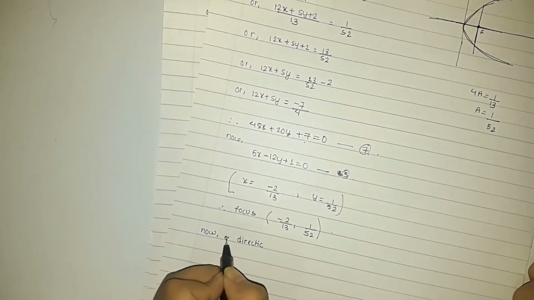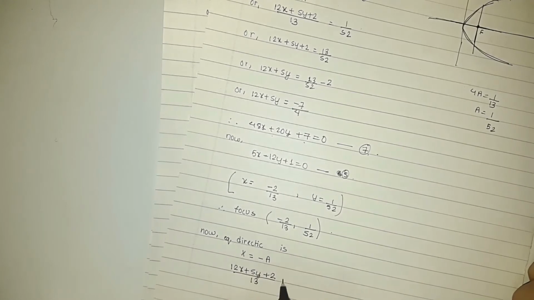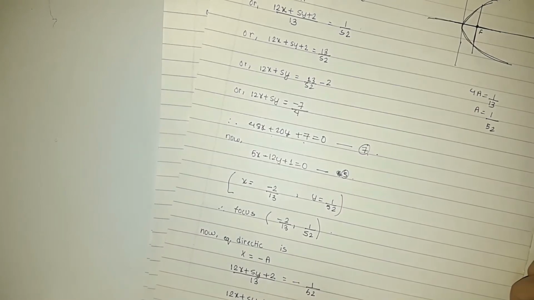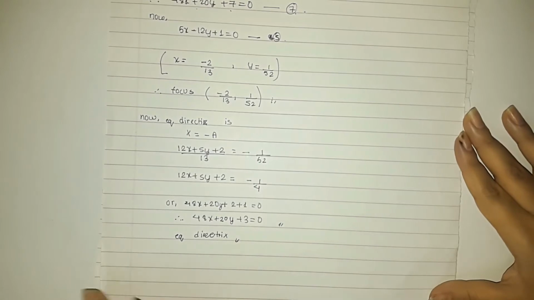The equation of the directrix is x equals minus a, which is (12x plus 5y plus 2) by 13 equals minus 1 by 52, which is 12x plus 5y plus 2 equals minus 1 by 4. So this is the required equation of the directrix.